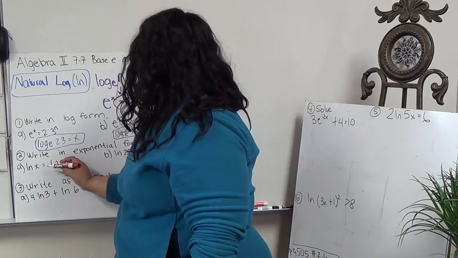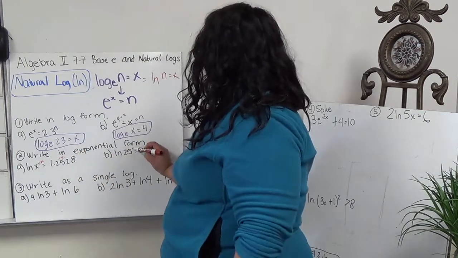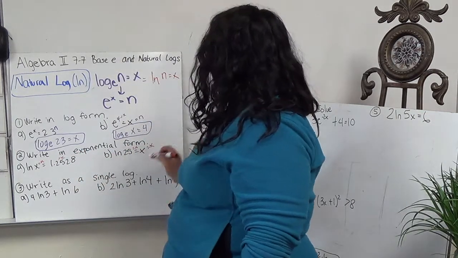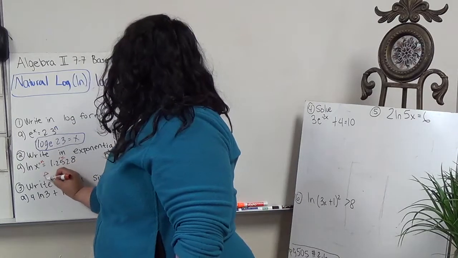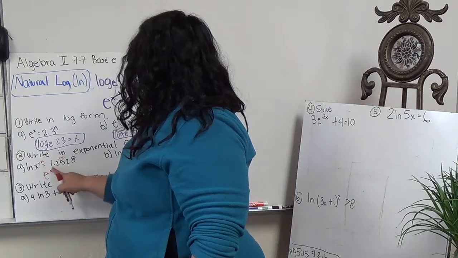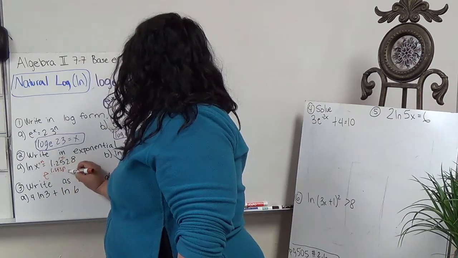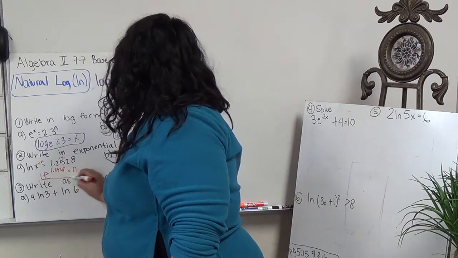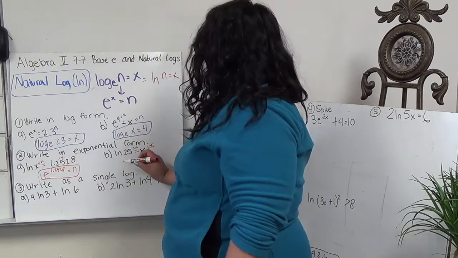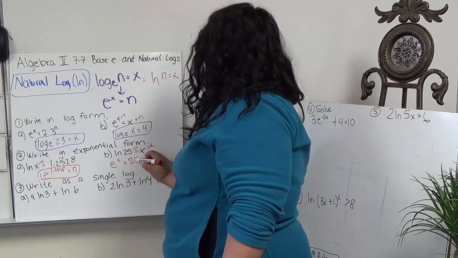This is my n, and this is my x. So I would write it e to the 1.2528 equals n. And this one would be e to the x equals 25.